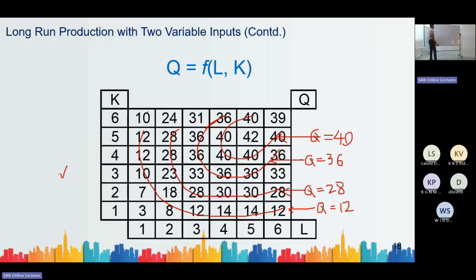What do you observe? Higher isoquants show higher output levels. In other words, isoquants farther away from the origin show higher output levels.